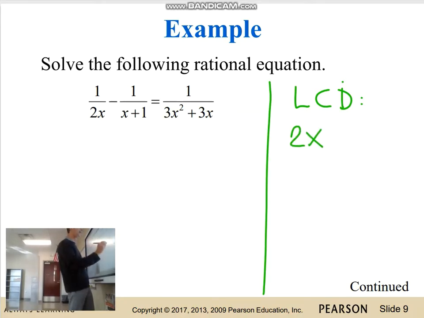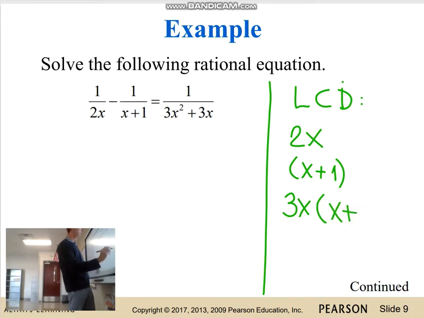Well, we have 2x, we have x plus 1, which we cannot factor, and we have 3x squared plus 3x. First we can factor out 3x, and then we will have x plus 1, right?